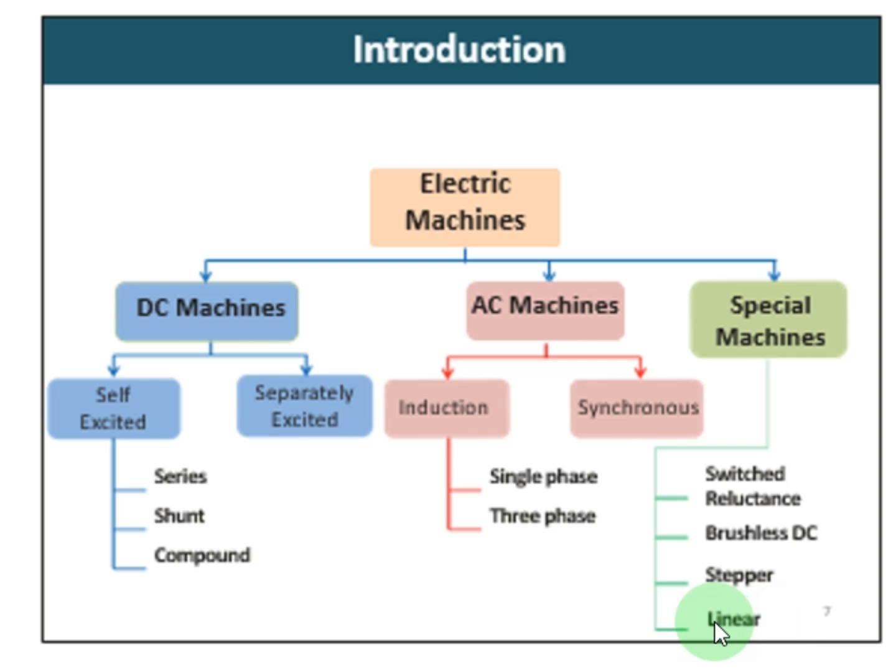And then we have something called linear motors, right? But in today's lecture I'm concentrating only on DC machines and their internal construction. We will go deeper into DC machines later, and after that we will be doing AC machines as well.